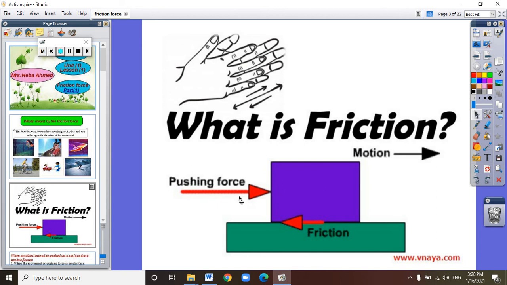this object. We want to move it in this direction. Between the surface of this object and the ground there is a friction force. Why? Because between any two surfaces touching each other there is a friction force. And we know that the friction force makes any moving object stop moving, so it must be in the opposite direction of the movement, not in the same direction.